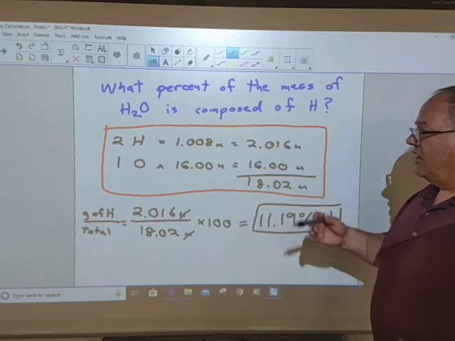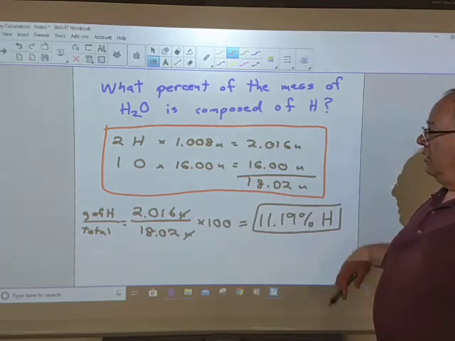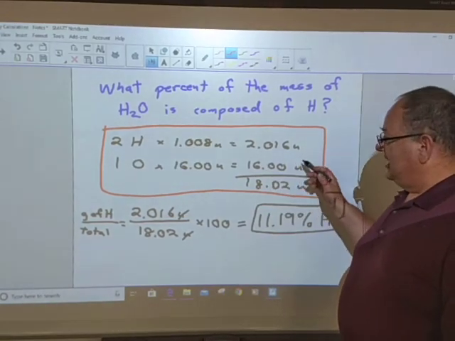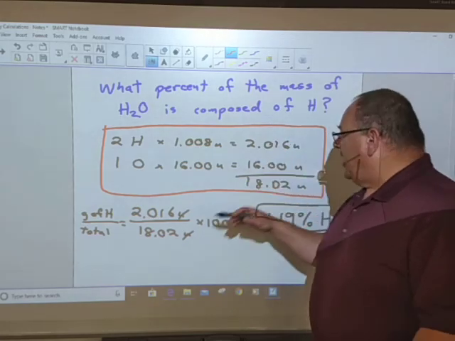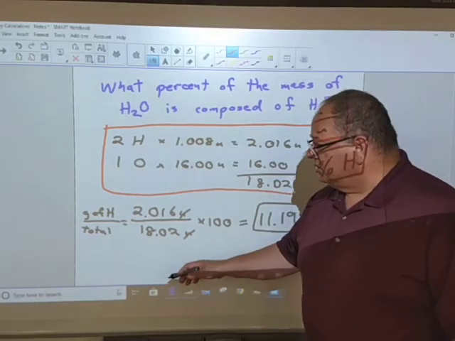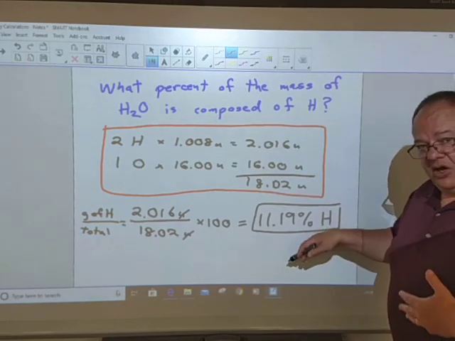How would I find out the composition of oxygen in that? Well, I could just set up a ratio and say 16.00 grams or units of the 18.02 units times 100 is going to be, and I could calculate that out.